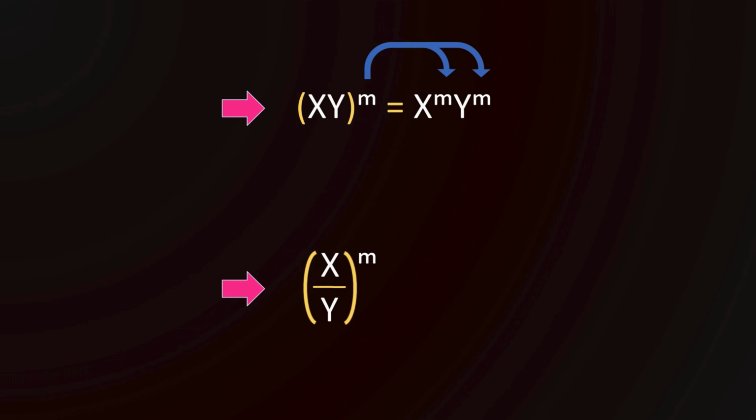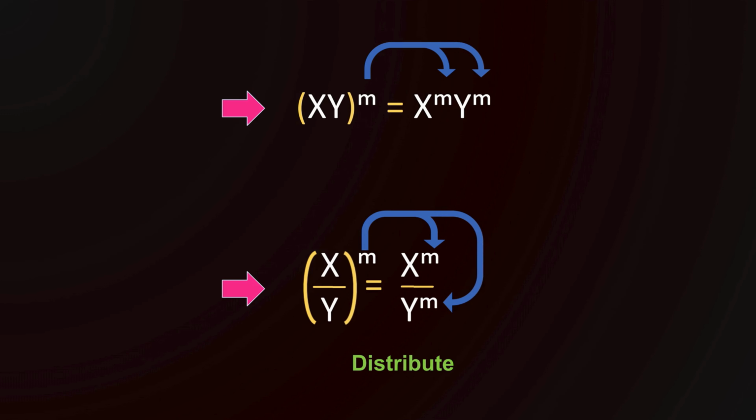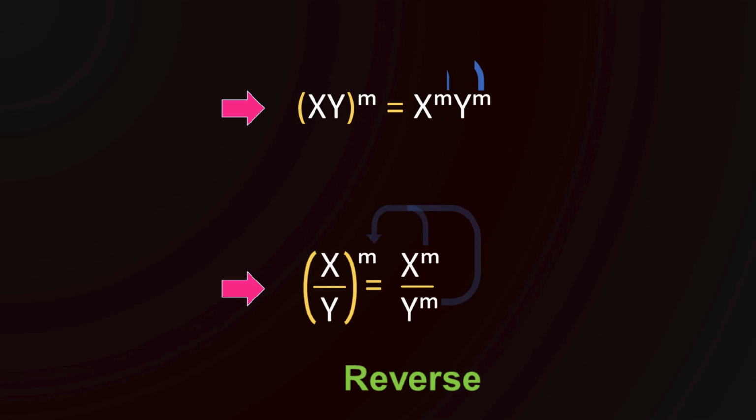And it says that you can rewrite it as x to the power n divided by y to the power n. In other words, you can distribute the exponent to each part of the fraction. These laws would work in reverse too, and you could undistribute the exponents if they're the same.